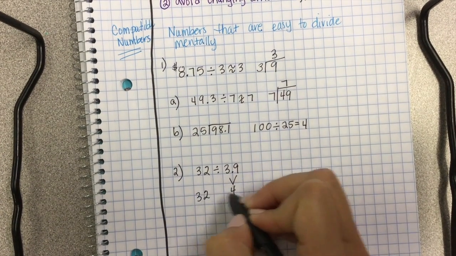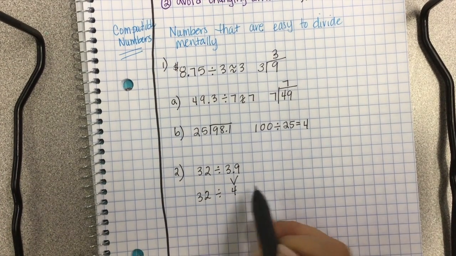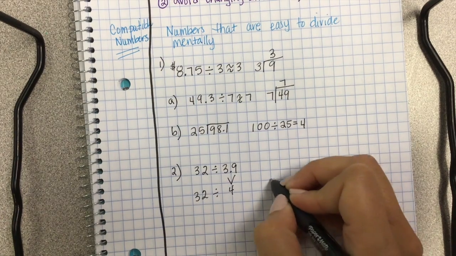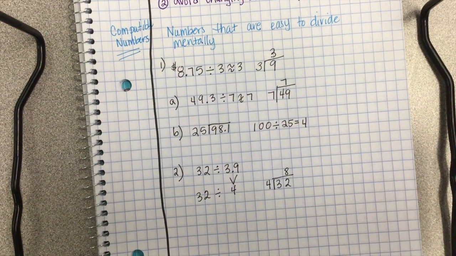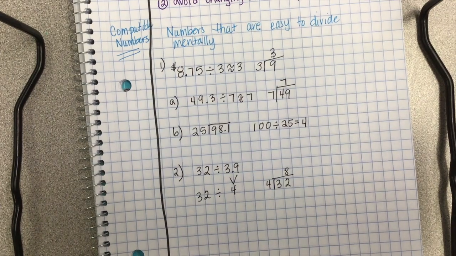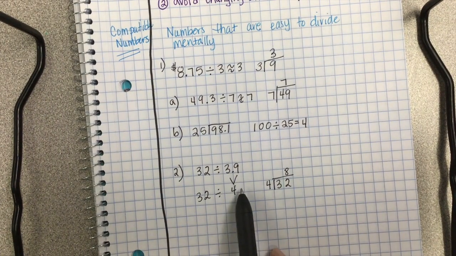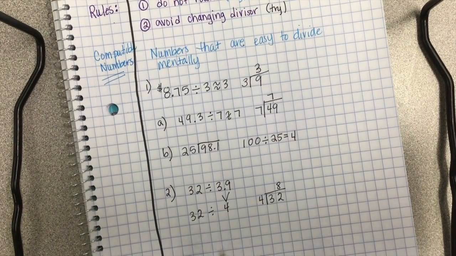And then 32 and 4, are they compatible? They are, right? So 32 divided by 4 is very compatible. It goes evenly by 8. So I did say avoid changing the divisor, but sometimes you can't, okay? More times you can, like up here, but sometimes you can't.